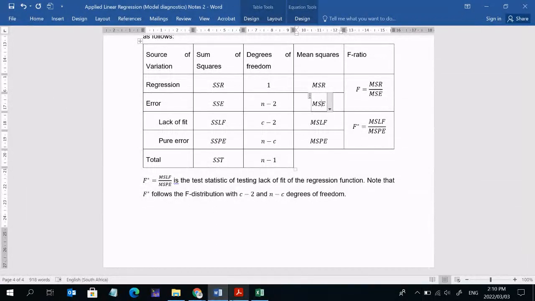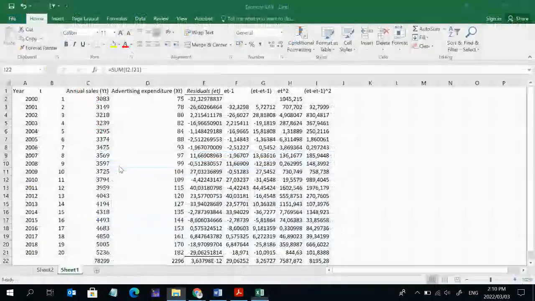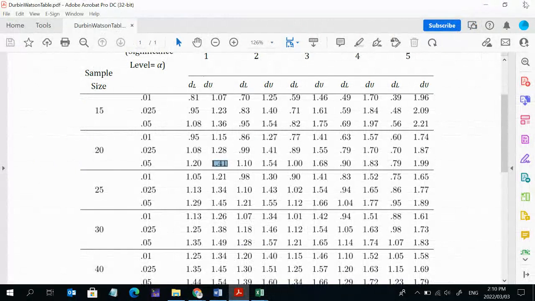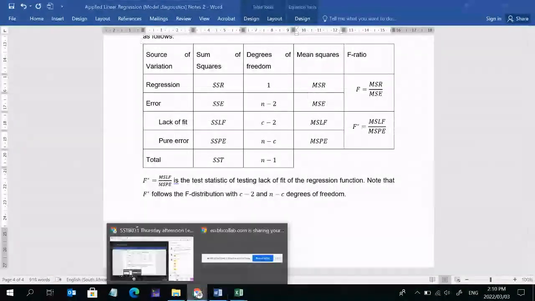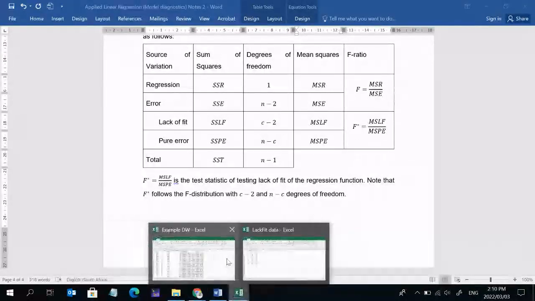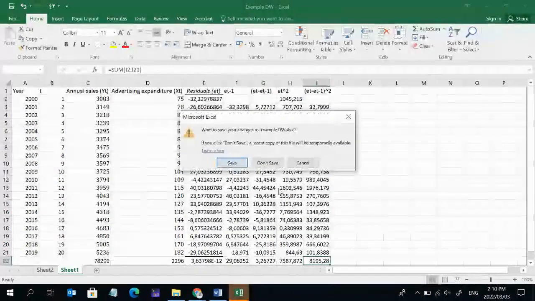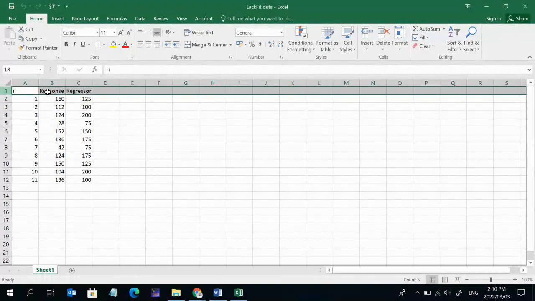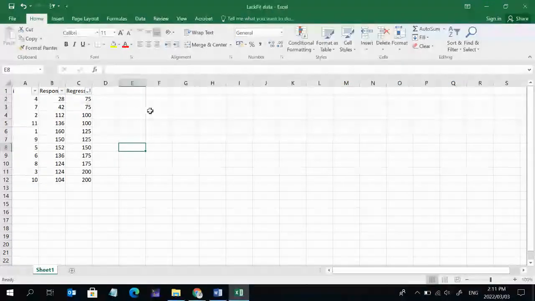So we are going to do an example. Let me check our data set. We have this data set. So that we can see the X levels, I'm going to put this in order of the regressors, from smallest to largest.